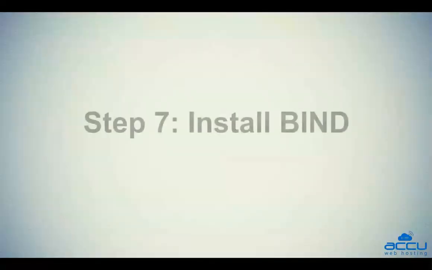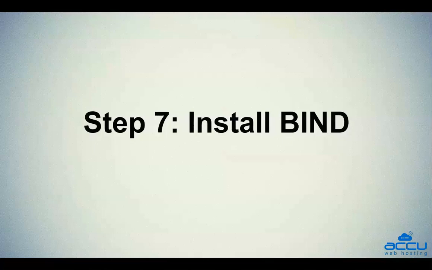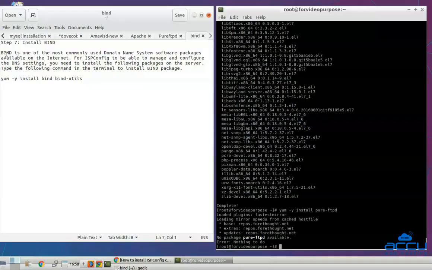Step 7. Install Bind. Bind is one of the most commonly used domain name system software packages available on the Internet. For ISPConfig to be able to manage and configure the DNS settings, you need to install the following packages on the server.